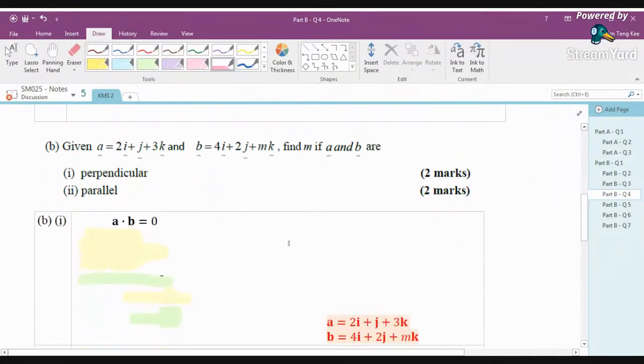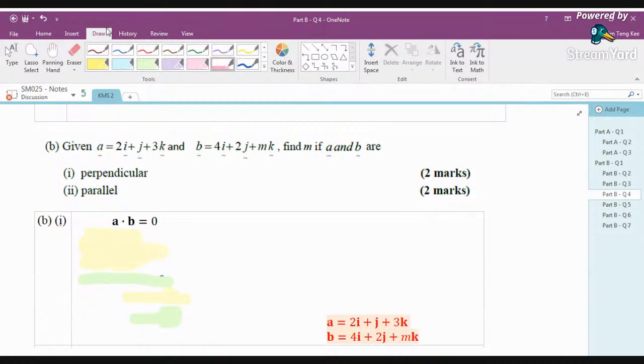Go on, part B. You are given vectors A and B. A is equal to 2i plus j plus 3k. B is equal to 4i plus 2j plus mk. Find the value of m in two different situations: if they are perpendicular, and if they are parallel.